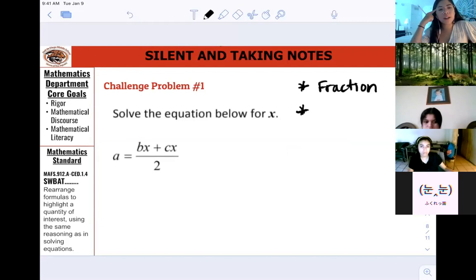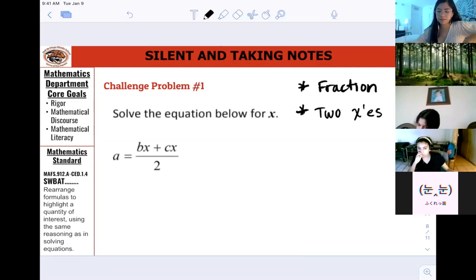And there's one more little issue. If I'm solving for x, what might be a problem? Addition. There's two x's, yeah, they're being added. There's two separate x's. So we're gonna have to find a way to put them together. That way I can have just one by itself.